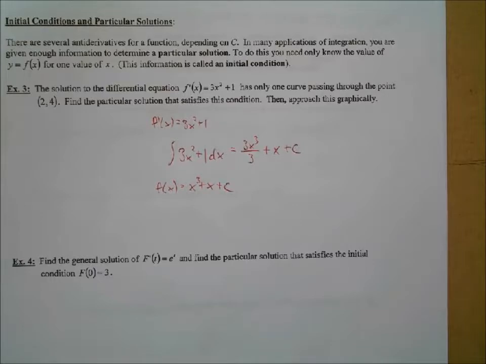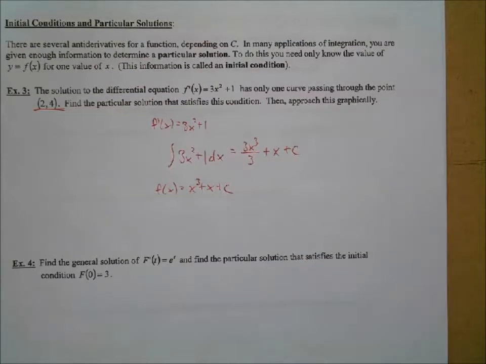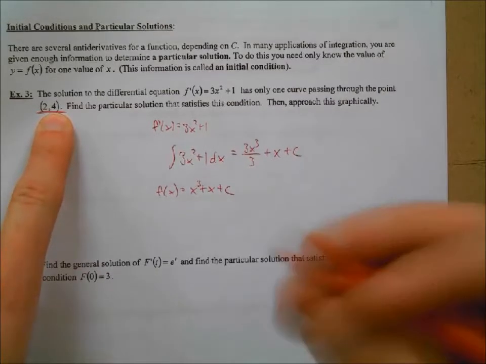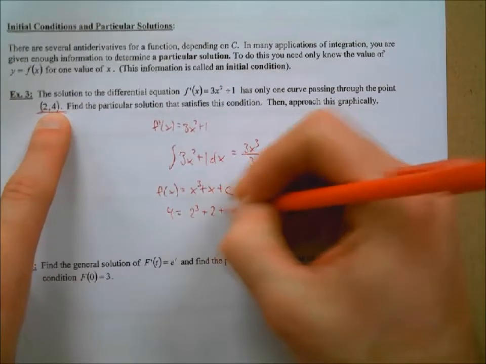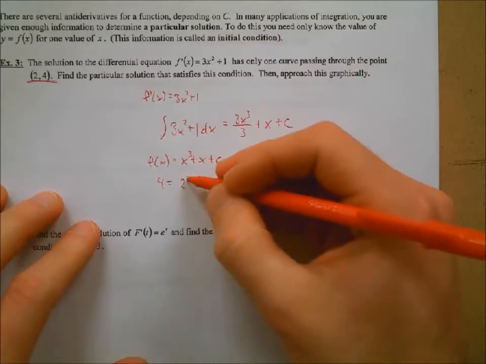Now, how can we use this point to find our particular solution? What do you think we should do? Plug it in. 2 should go in for x, and 4 should go in for f of x, or the y value. So we'll say 4 equals 2 cubed plus 2 plus c. 2 cubed is 8, plus 2 is 10.